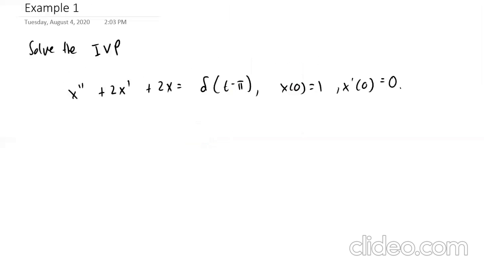So now let's do an example. Solve the initial value problem x double prime plus 2x prime plus 2x equals delta of t minus tau, with initial conditions x of 0 equals 1, x prime of 0 equals 0. You could interpret this as some sort of spring mass system. There is damping, and then there is this spring coefficient.